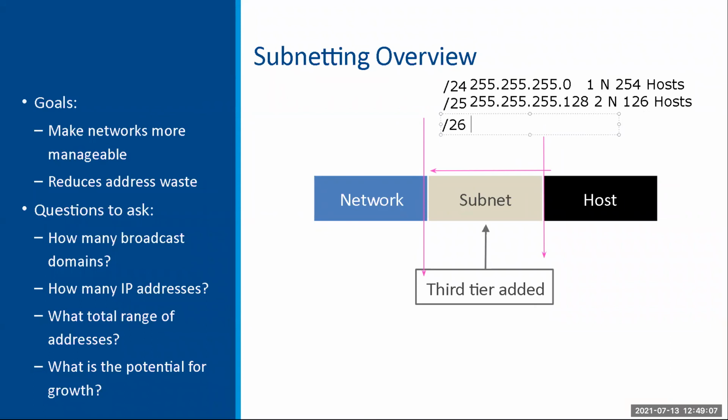What do I get with a /26? I'm going to get a net mask of 255.255.255.192. And that sounds familiar because it takes the next two bits in order and adds them together to get this net mask.